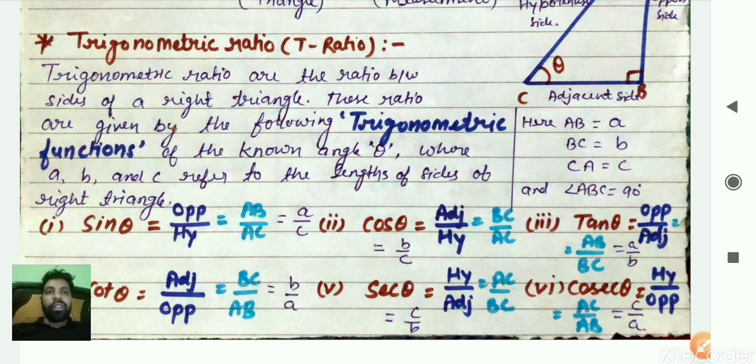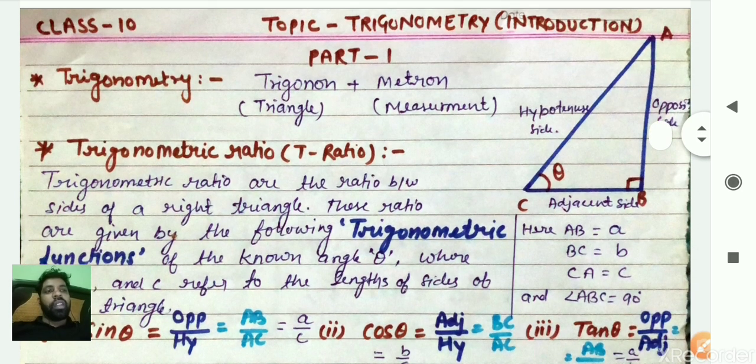T ratio stands for trigonometry ratio. Trigonometry ratios are nothing but the ratios between the sides of a right triangle. These ratios are given by the following trigonometry functions of the known angle theta, as you can see in the figure, where a, b, c refer to the lengths of the sides of right triangle ABC, as I have mentioned in the above figure.